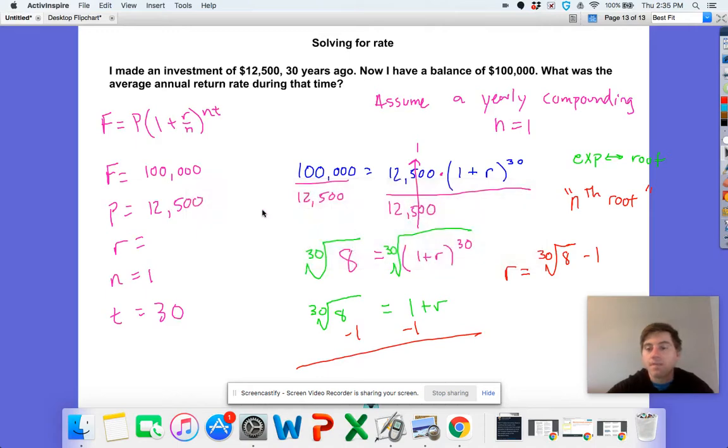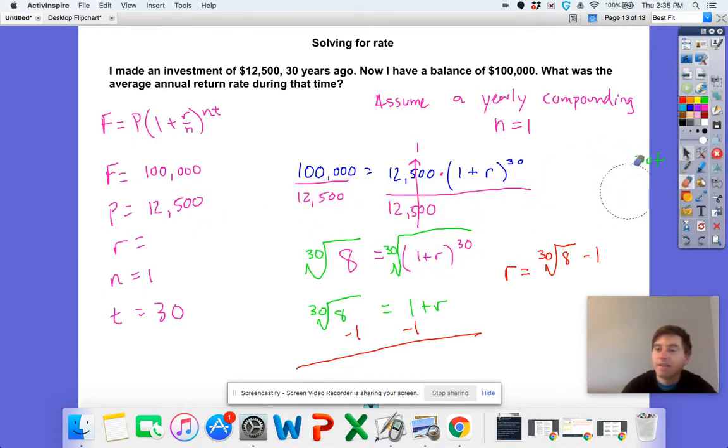0.0717. Okay? So it says then that r is 0.0717. Now, is that 0.0717%? No, this is a decimal version of a percent.